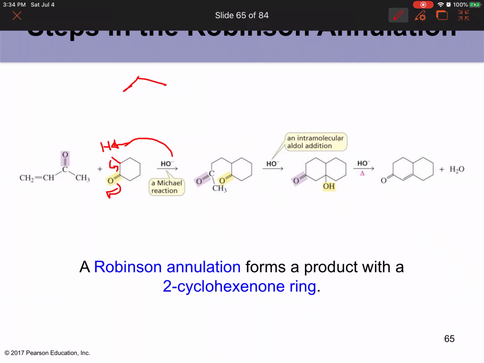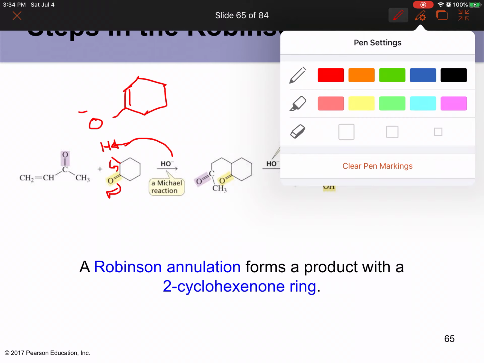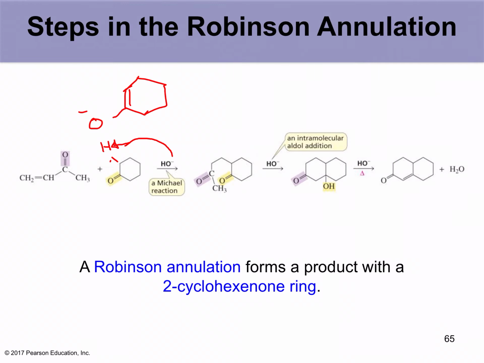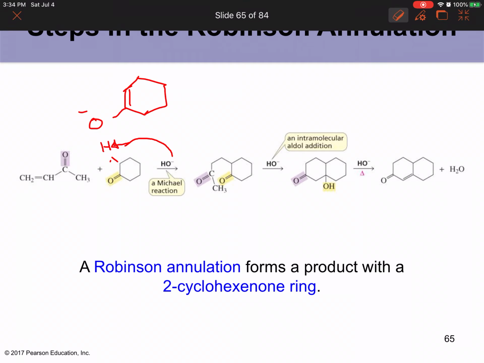So this will create something like this, O minus, with the double bond right there. So once the enolate is formed, this enolate can react like this.